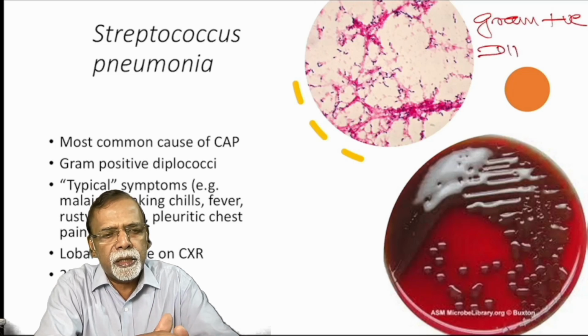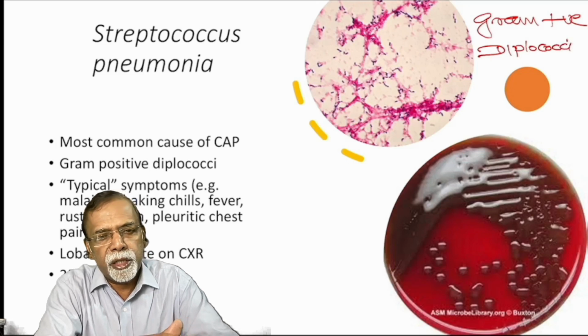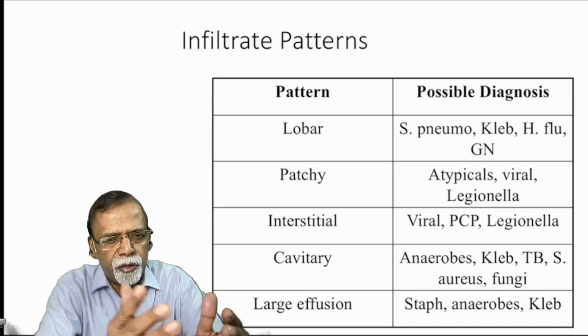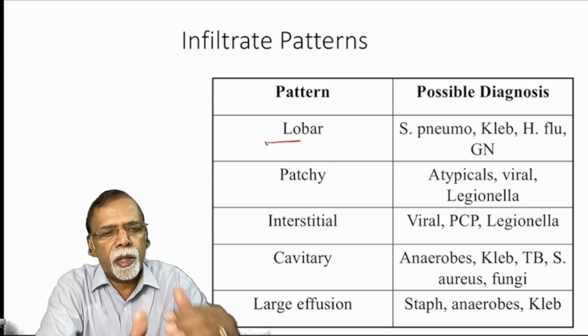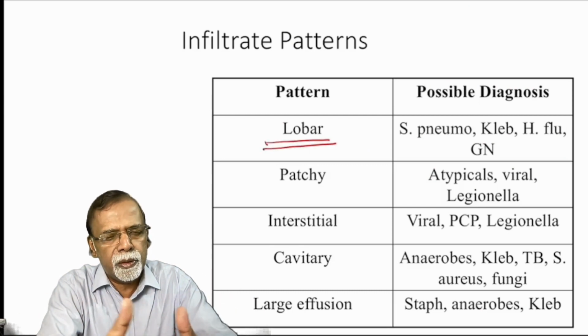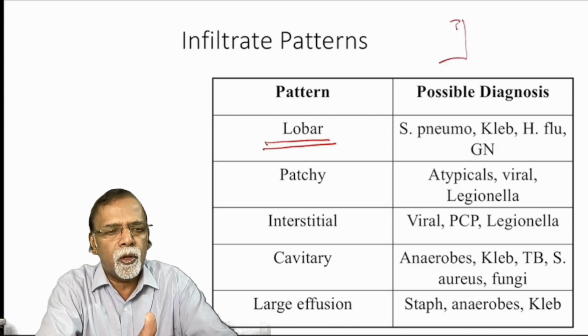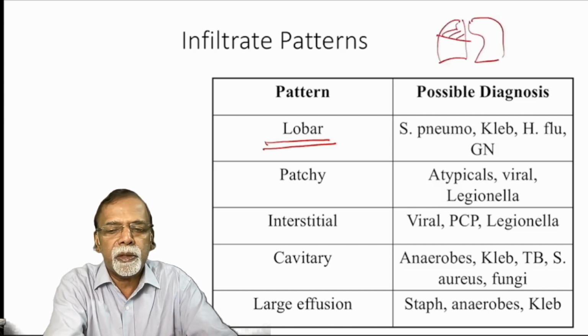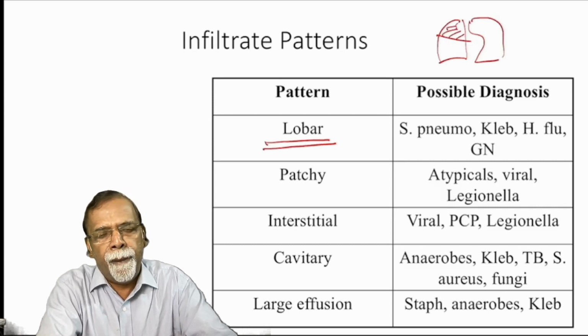X-ray chest is the gold standard diagnosis, and lobar infiltrates will be there. So it produces what is called a lobar pneumonia. That is, the findings are confined to a particular lobe, upper lobe, middle lobe, lingular lobe, lower lobe, etc. That is why it is called lobar pneumonia. And there can be bacteremia in around 25% of the patients.